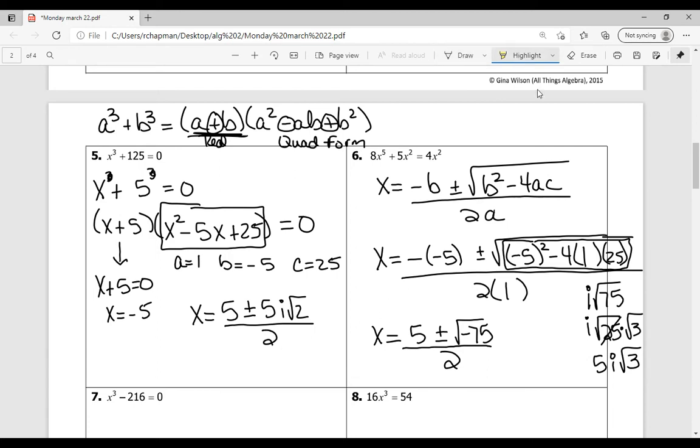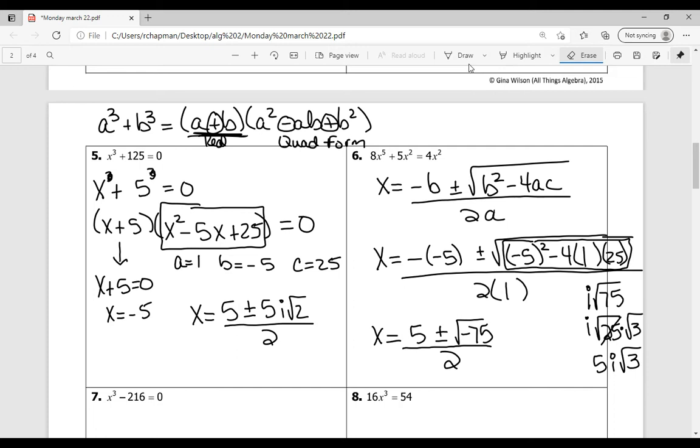Now, the very last thing that you always look for: this number, I don't care if it has an i or not, and this number, can you reduce all three of them? If not, then you do not reduce this problem at all. It's all three numbers or none of them.